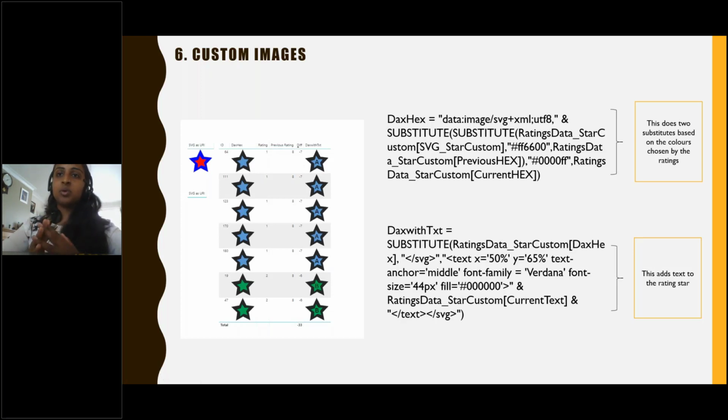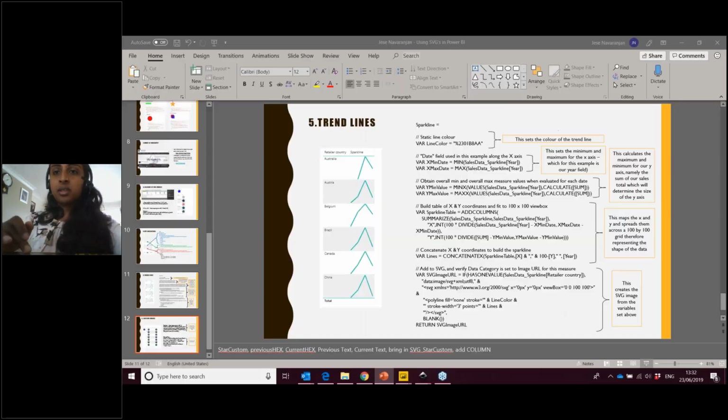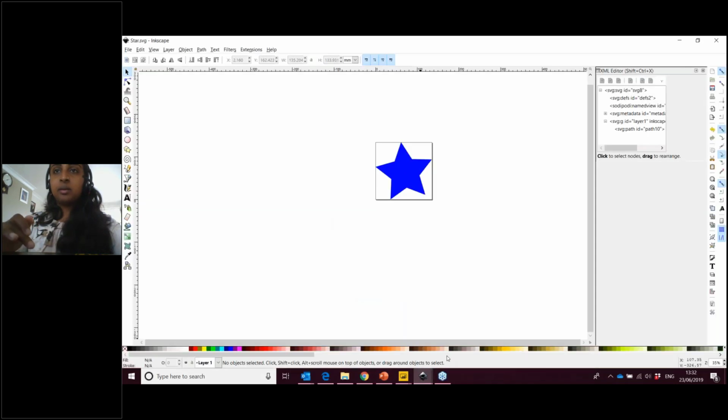I have a ratings table which shows me the colors for each rating, and also adding text. Adding text is just a little bit more SVG code, but I'm pulling this text from my data. It's fairly straightforward to do, but I think it's quite a nice way of bringing that image to life. So let's actually build that image first.